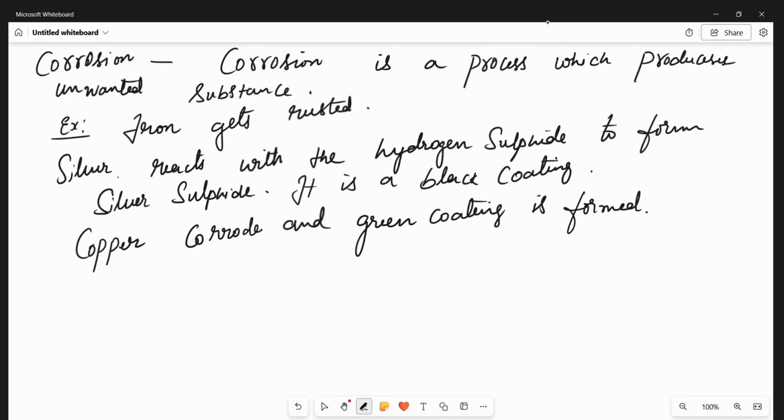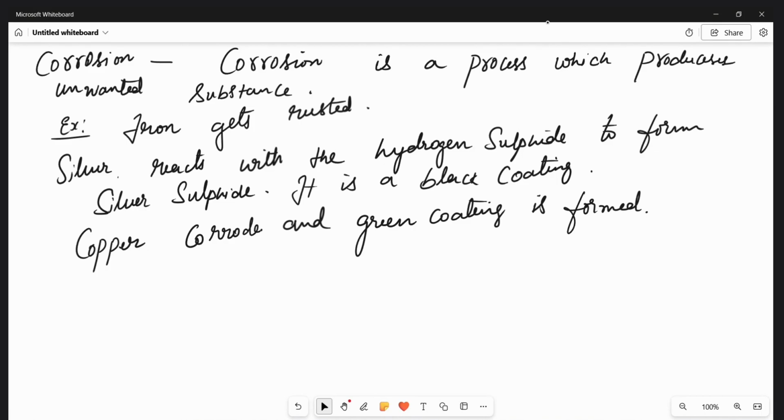Next, how can we prevent corrosion? By painting and greasing. Galvanization. What do you mean by galvanization? Electroplating of the iron by zinc.